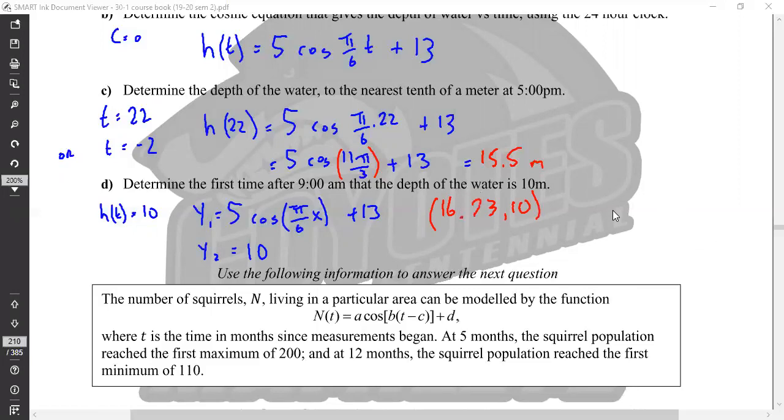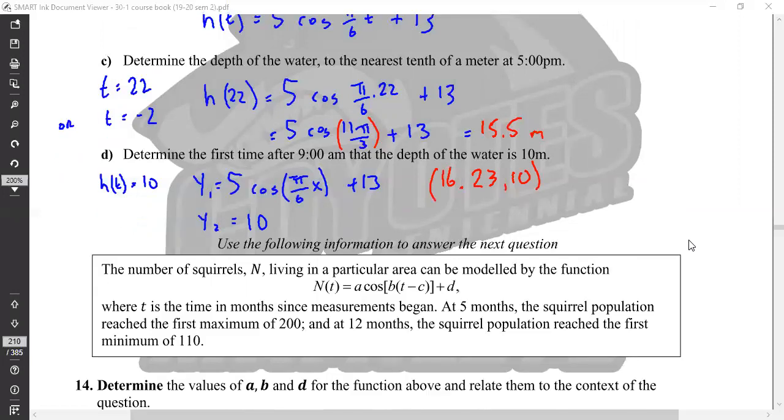And if we have 16.23, comma 10, we need to take that one step further to interpret what that means as a time. That means we have 16 hours after 7 p.m. plus 0.23 of an hour. And 0.23 of an hour, we have to multiply by 60 to determine how many minutes that is.